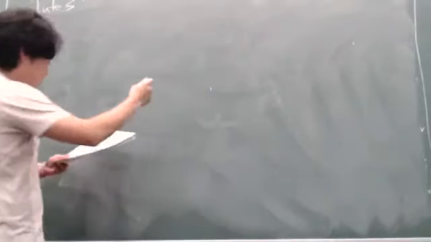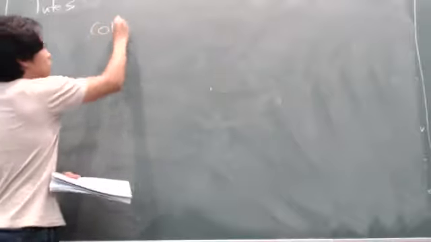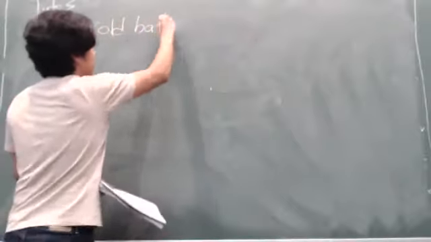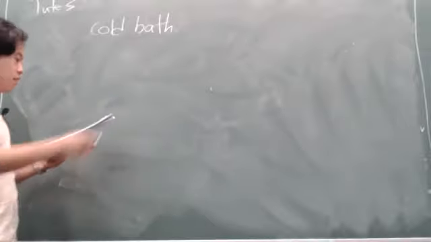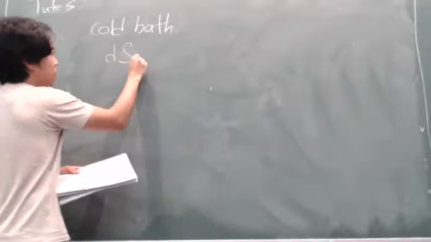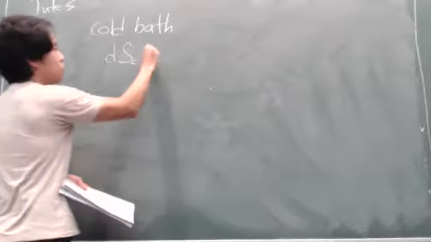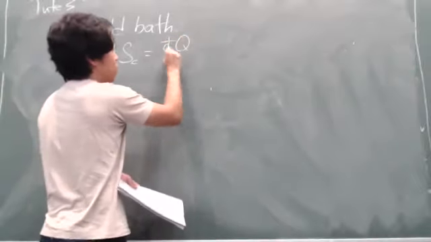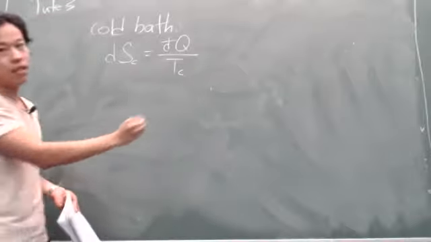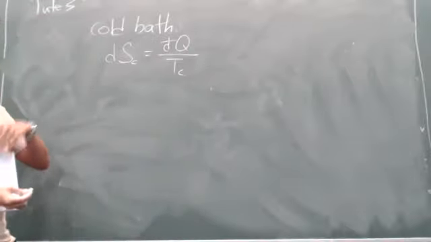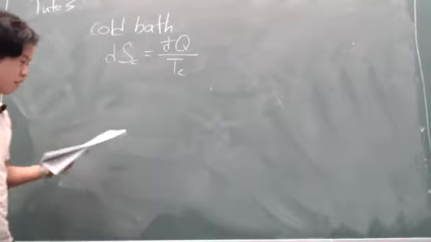But now we want to work out the entropy. The entropy is actually not that difficult to work out. Let's start with the cold bath, which is the one receiving heat. The change in entropy for the cold bath is going to equal a positive injection of dq divided by T, and the temperature is T cold because that's the bath you're in.